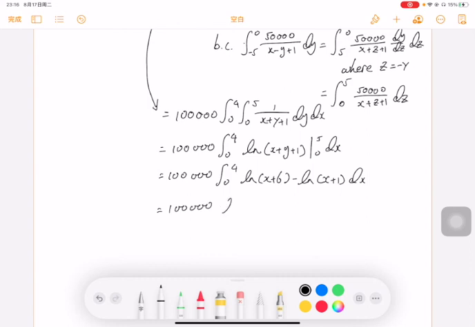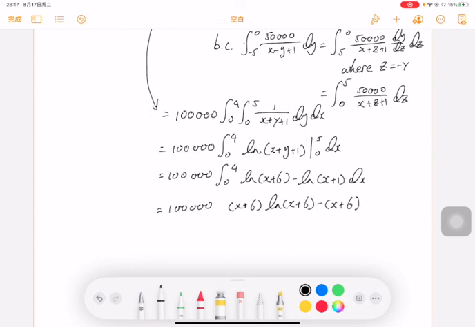You get x plus 6 times ln of x plus 6, then minus x plus 6. This is hard to explain why. I mean, it comes from the simple observation that if you differentiate this, you get ln of x plus 6.